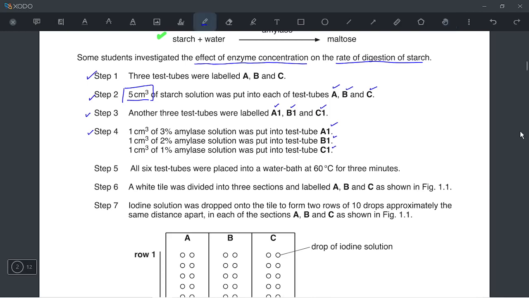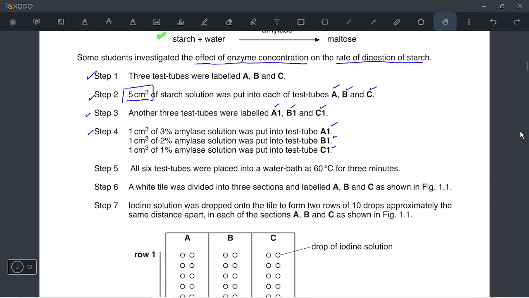So you can see the percentage concentration of amylase solution changes: 3, 2 and 1. That is the purpose, to investigate the effect of enzyme concentration on the rate of digestion of starch.